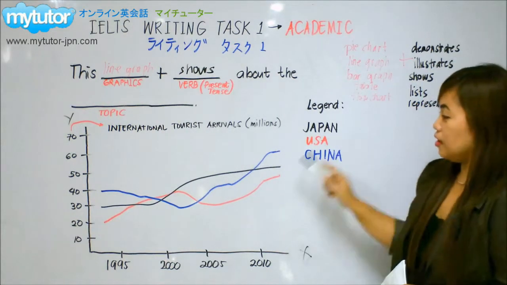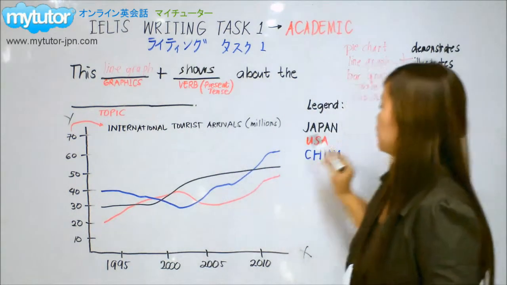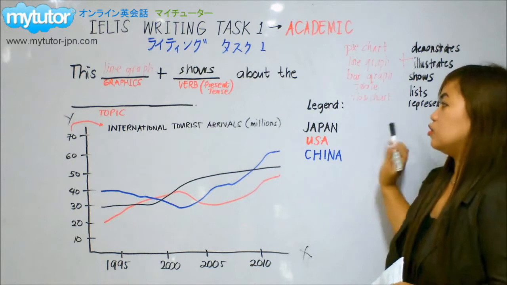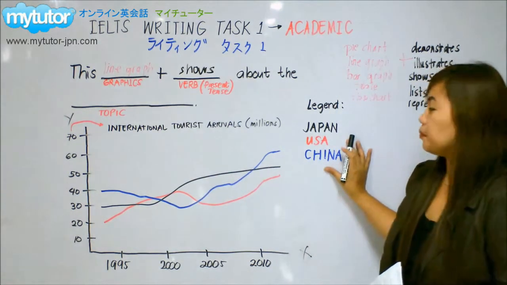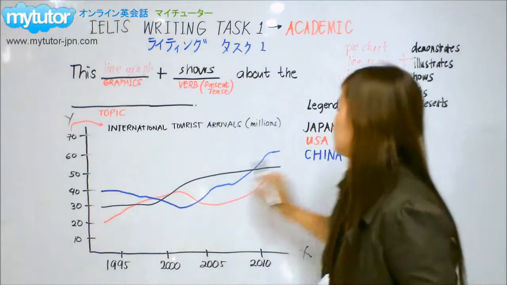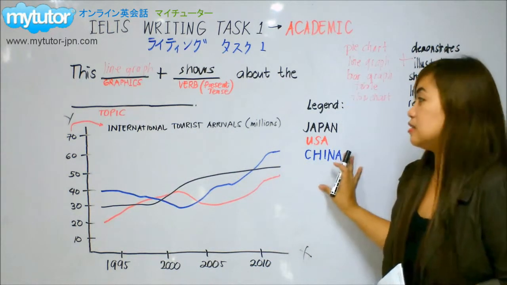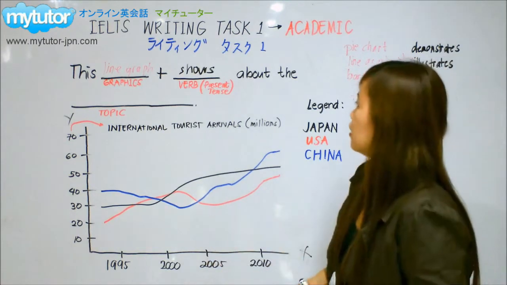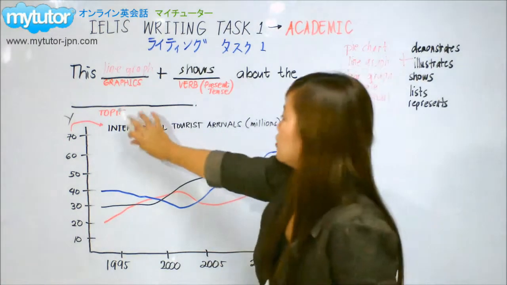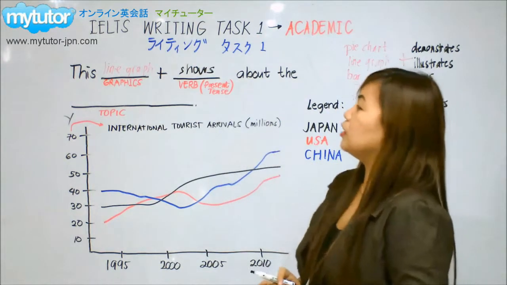In the legend, the black line represents Japan, so these are the Japanese tourists. The red one shows Americans, USA. And the blue represents China, or Chinese international visitors. So the topic is, of course, international tourist arrivals.